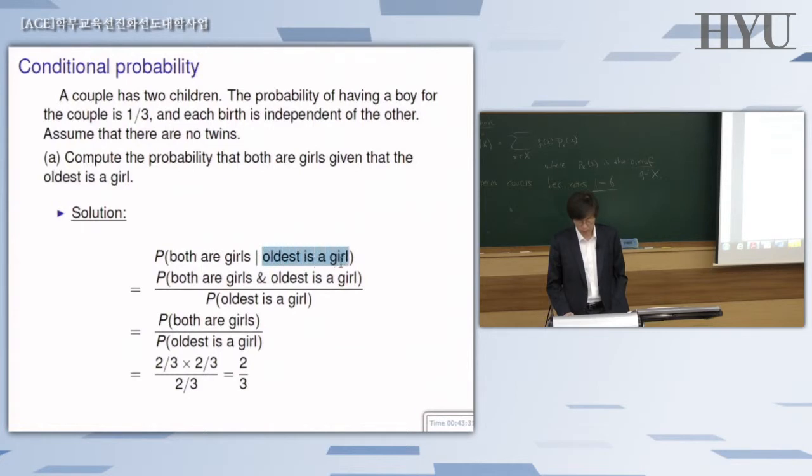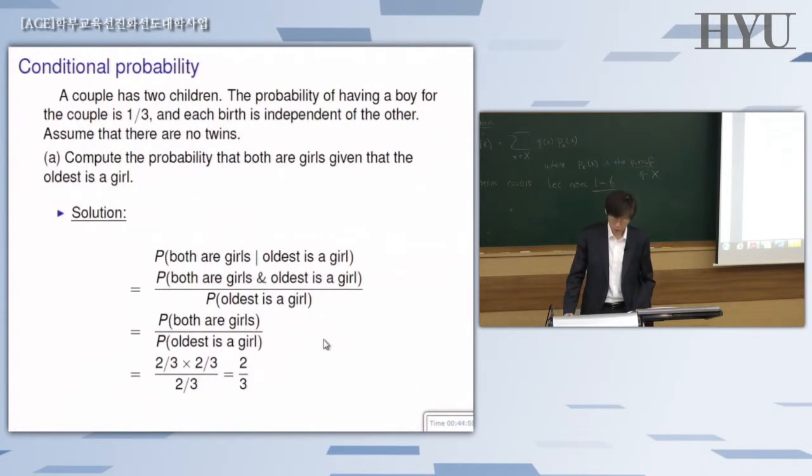Given that the oldest one, the first one, is a girl, you want the probability that the second one is also a girl. According to the definition of conditional probability, that's nothing more than this ratio: both the conditioning part and the conditioned part, both of them are girls and the first one is a girl, divided by the probability of the conditioning part, that the first one is a girl.